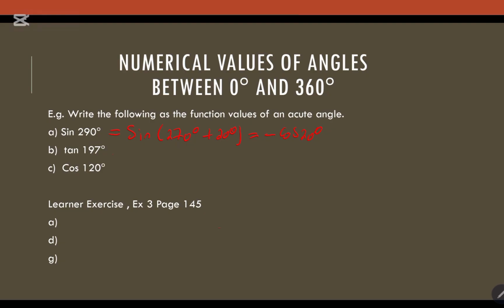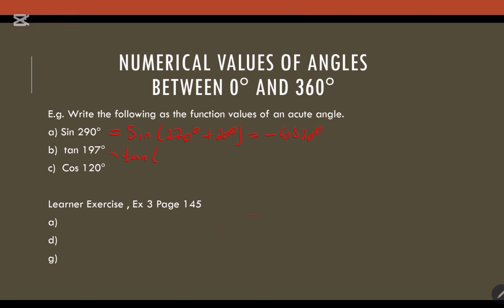Okay, let us go and reduce the next angle, which is 197 degrees. Now 197 degrees is found in which quadrant? This angle is found in the third quadrant. Being in the third quadrant, we can reduce this angle by 180. We can simply say tan of 197. So 197 minus 180 is 17 degrees.